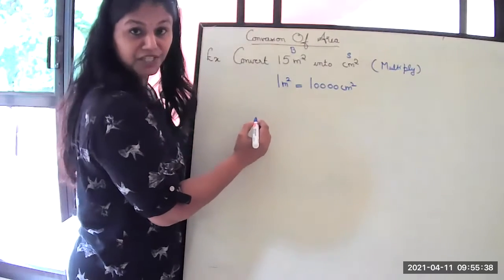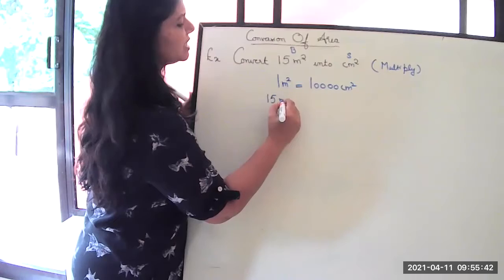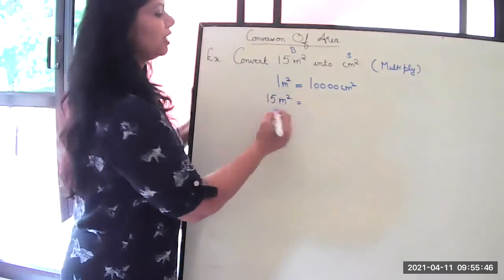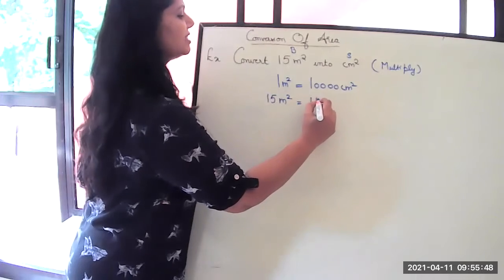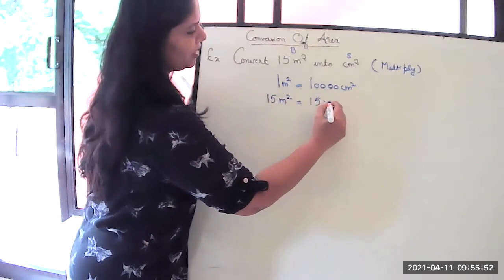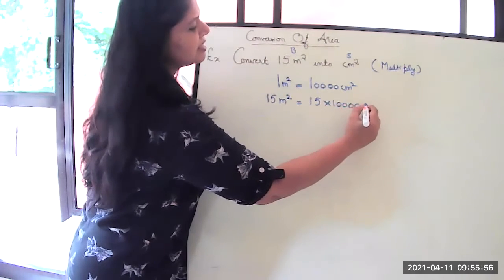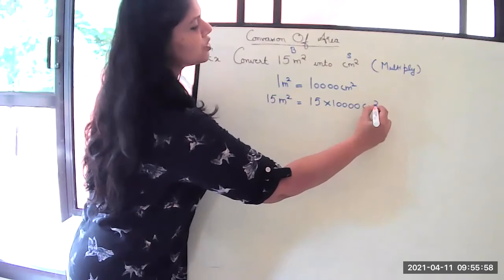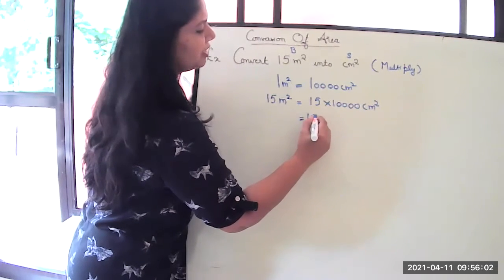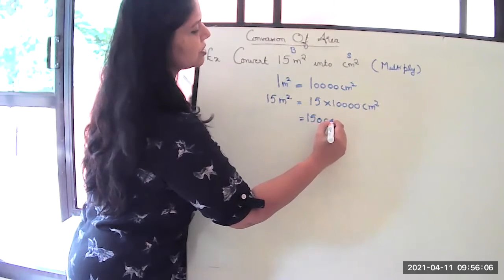So what is our question? It is 15 meter square. So what we have to do? 15 we will write as it is. Then instead of meter square, we will multiply 10,000 centimeter square. So what we will get? 15, then 1, 2, 3 and 4 zeros.